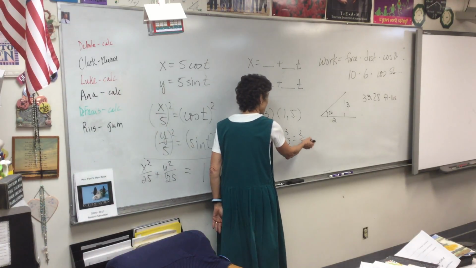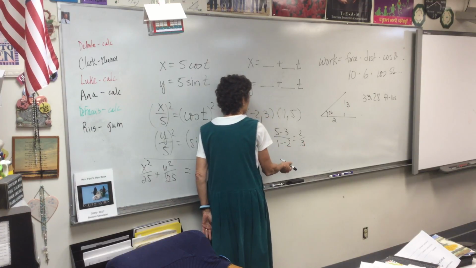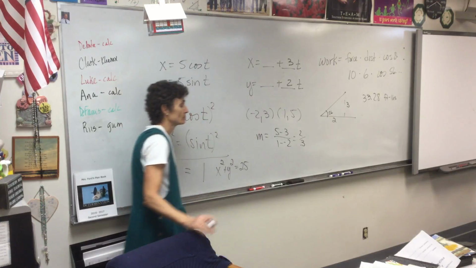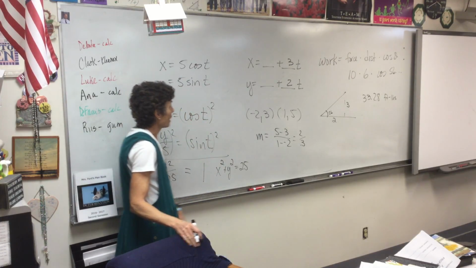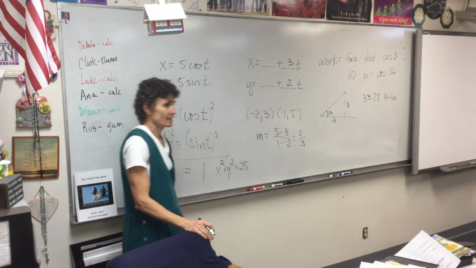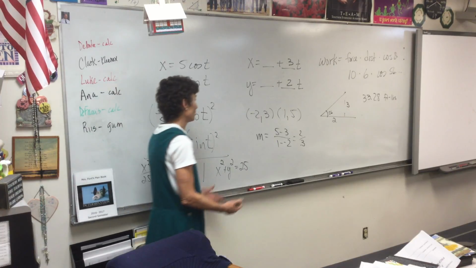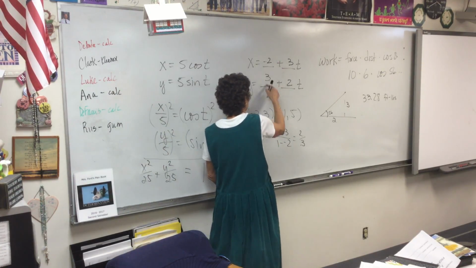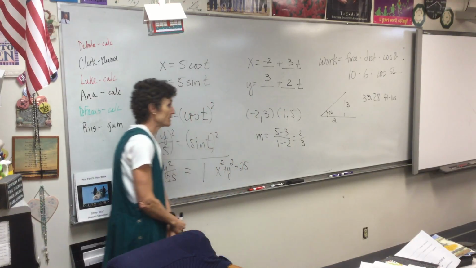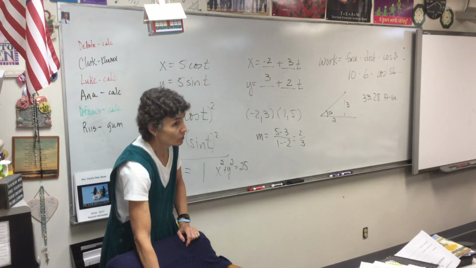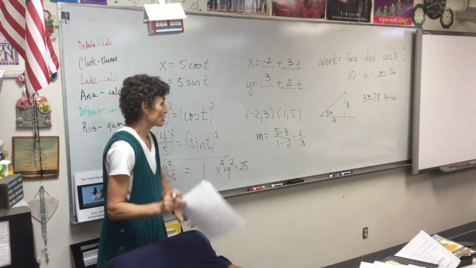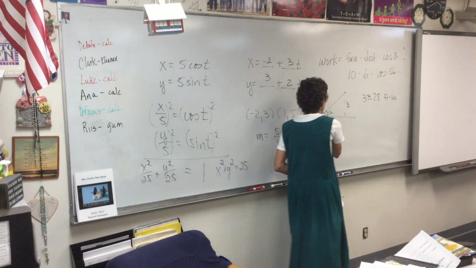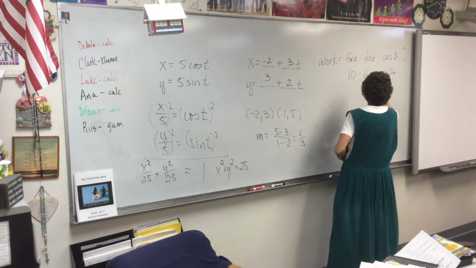Slope is y over x, so we're going to put the 2 here and the 3 here. All right, and then what goes in the other blanks? Pick a point, so you can use (-2, 3), or you could use (1, 5). It doesn't make any difference. I know they look different, but when you start graphing it, you'll end up with exactly the same points.